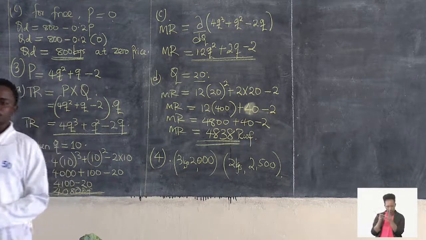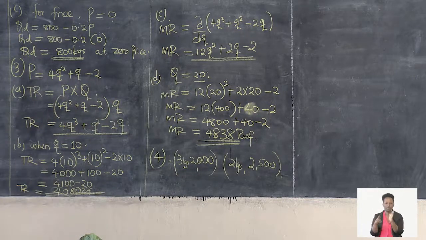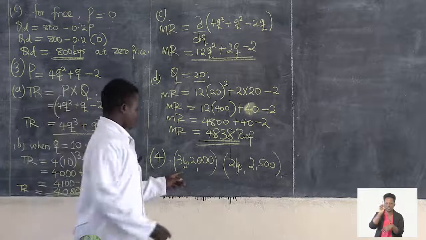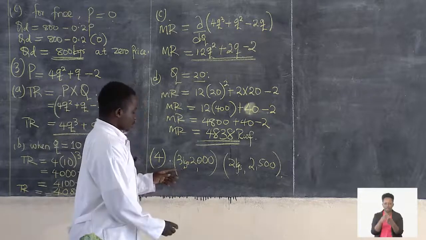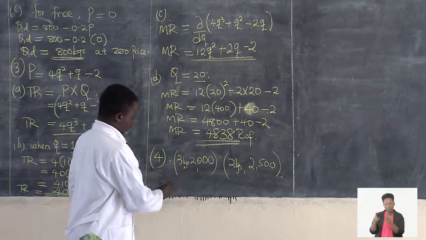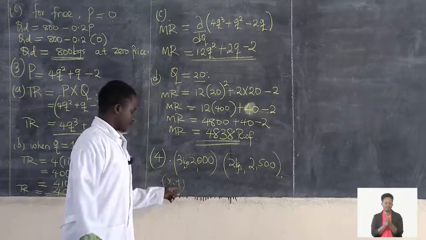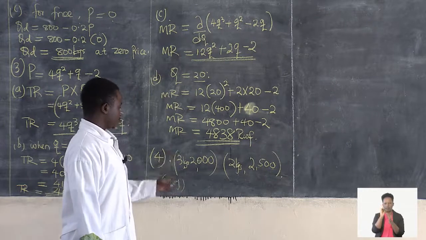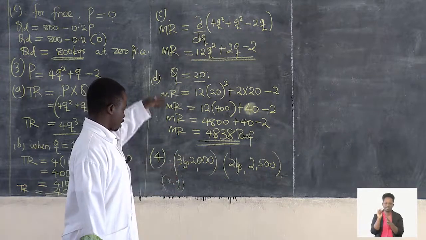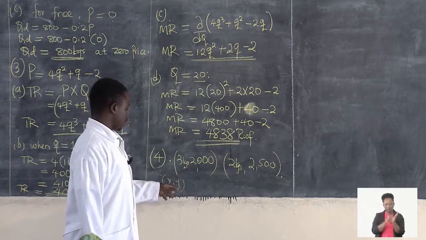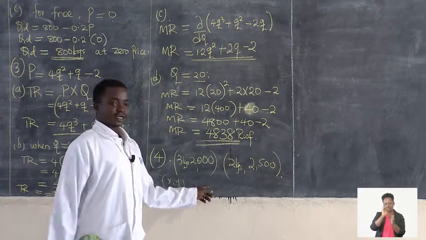Then they want us to represent the consumer's demand curve on the graph. So on the graph we shall plot these in terms of x and y coordinates. Remember, when plotting, price is plotted along the y-axis and quantity demanded along the x-axis.